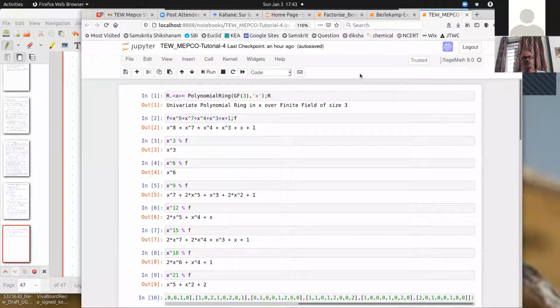Does anyone want to suggest a polynomial which we would like to see factored, over any finite field?